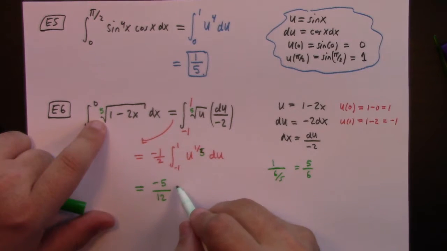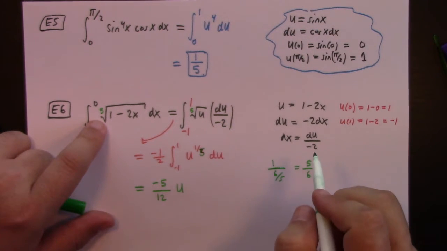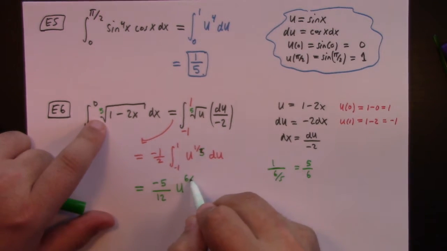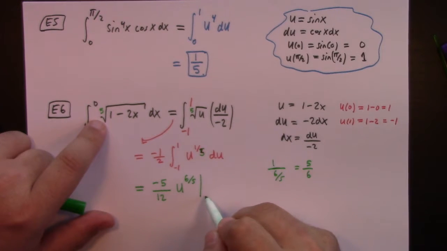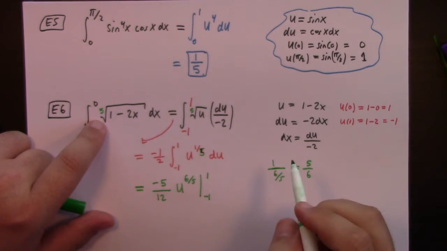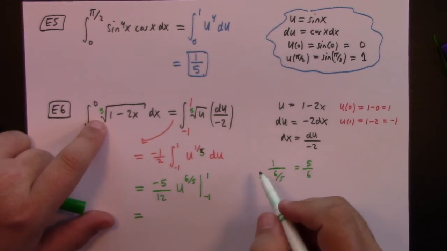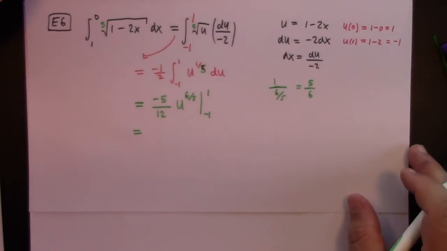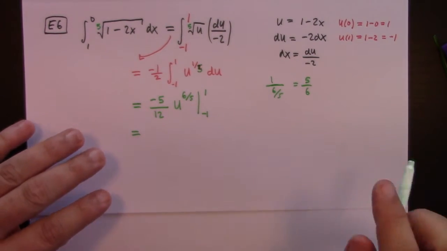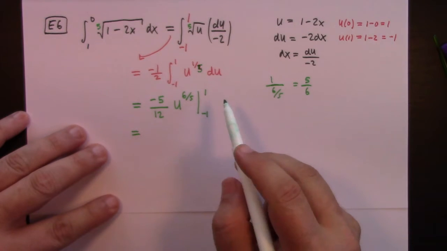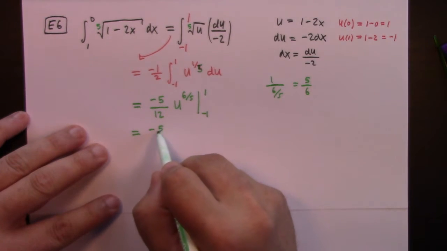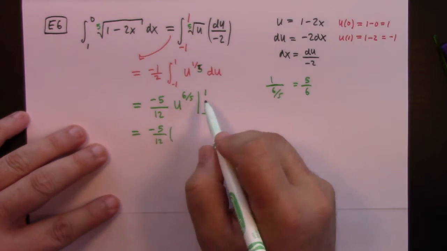And then I've got myself a u to the 6/5 evaluated from minus 1 to 1. Also known as what? Let's see here. Minus 5 over 12, that's 1.